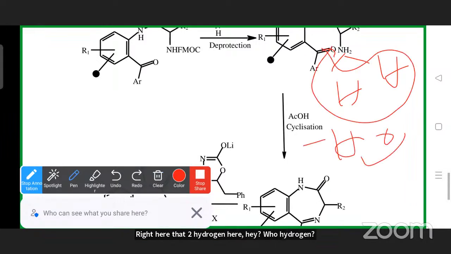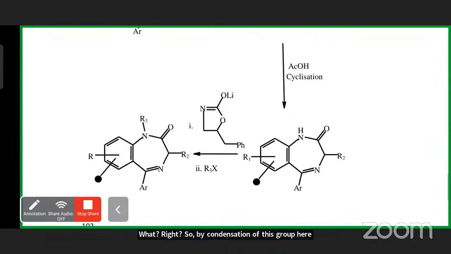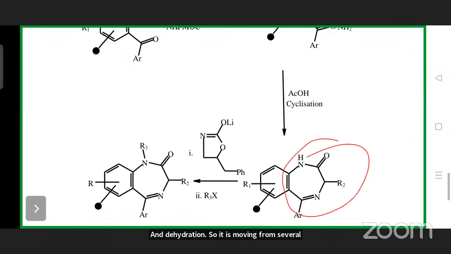So by condensation of this group here, it is undergoing cyclization and dehydration. So it is going to form the seven-membered ring, the seven-membered ring here.